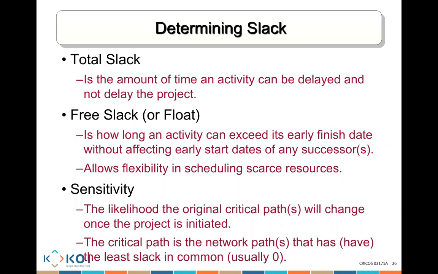So if we have a path that has only 1 day of slack, and the other paths have no slack at all, then if that slack was used, if that activity was delayed by 1 day, we're going to have more than one critical path that is going to delay the project overall.